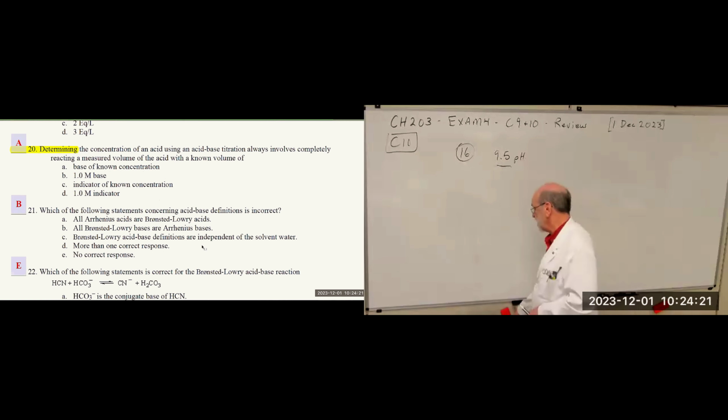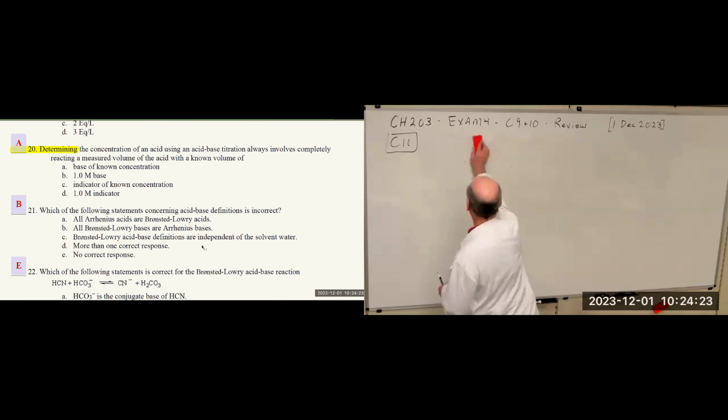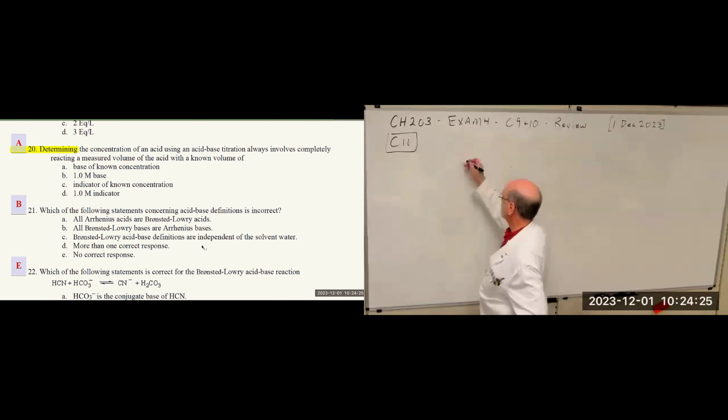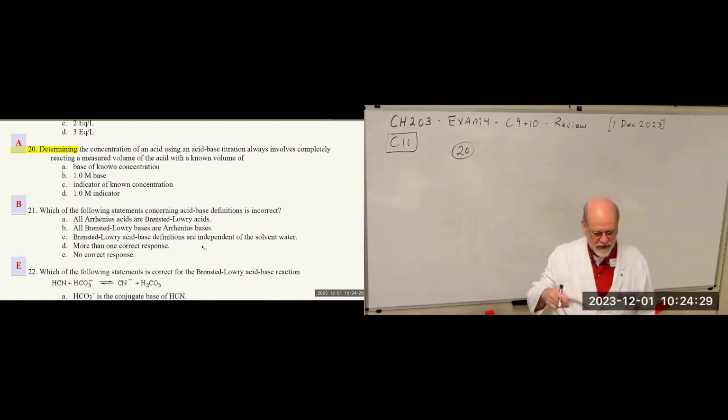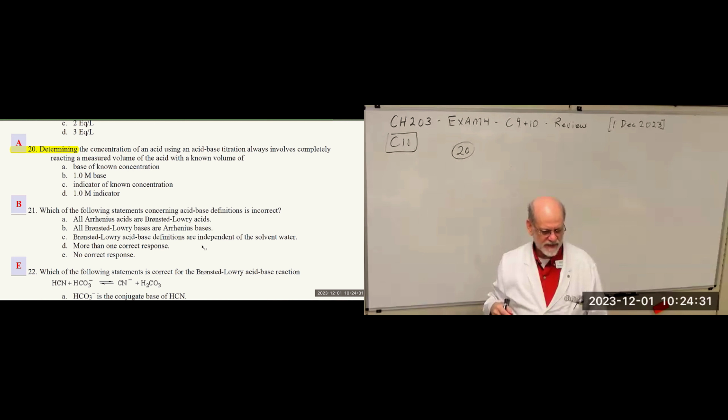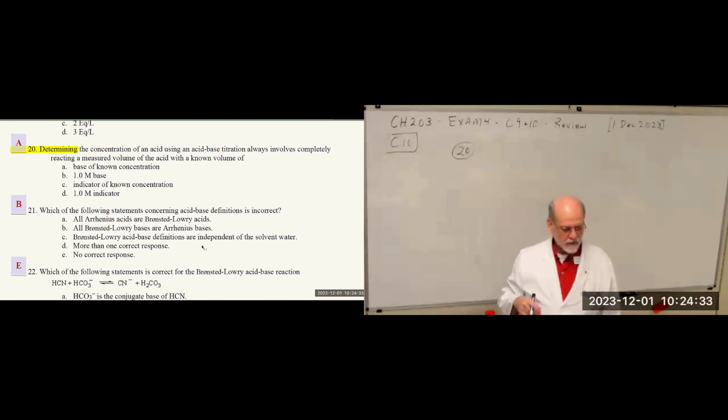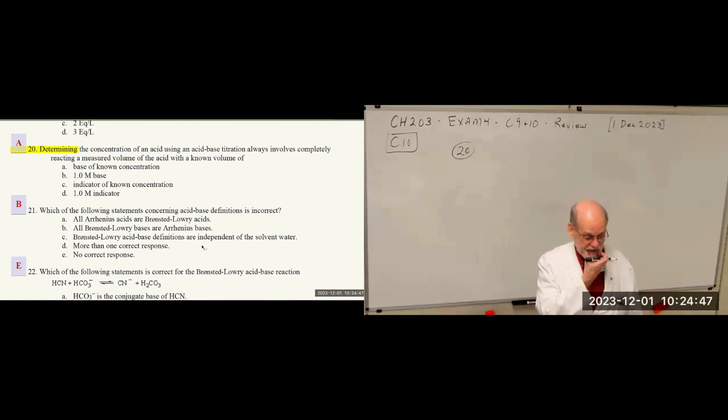Number 20. Determining the concentration of an acid using acid-base titration always involves completely reacting a measured volume of acid with a known volume of base of a known concentration.